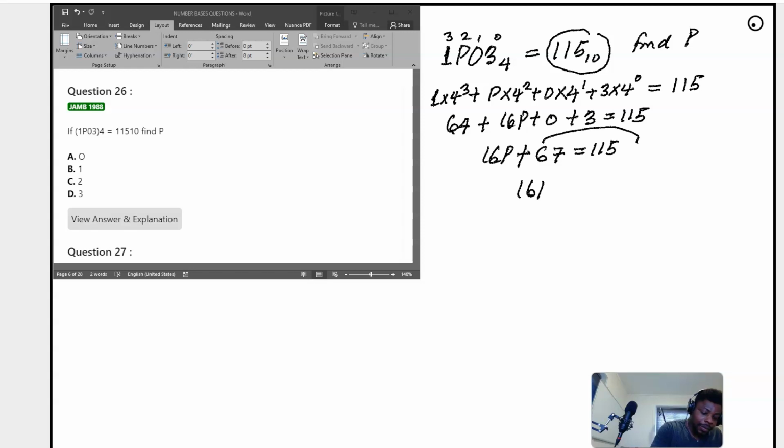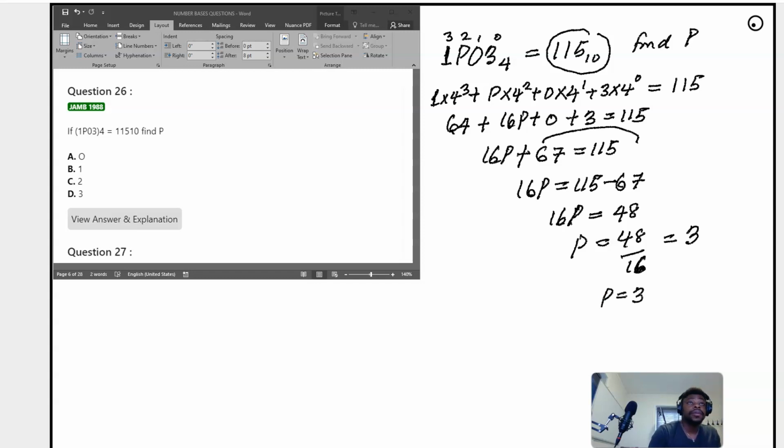So 16p is equals to 115 minus 67. 16p is equal to, this should be 48. We are looking for p, so you divide through by 16. Okay? How many 16 can you get in 48? So this is 3. So our p is equals to 3. That is option D.